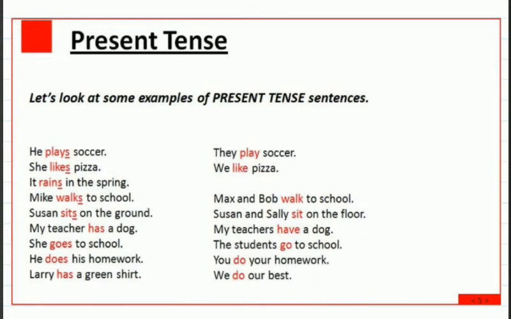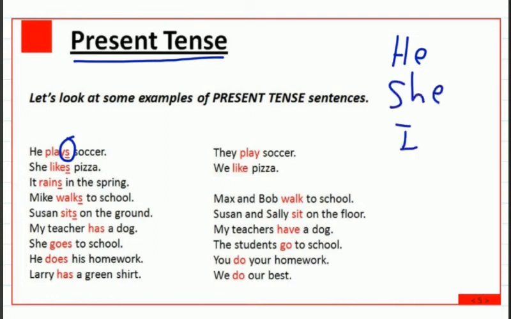Well, let's look at some examples. We learned that in the present tense, we need to put an S at the end of the verb with he, she, and it. When we're doing the present tense and we have he, she, or it, we're going to put an S at the end of the verb. She likes pizza. It rains in the spring.